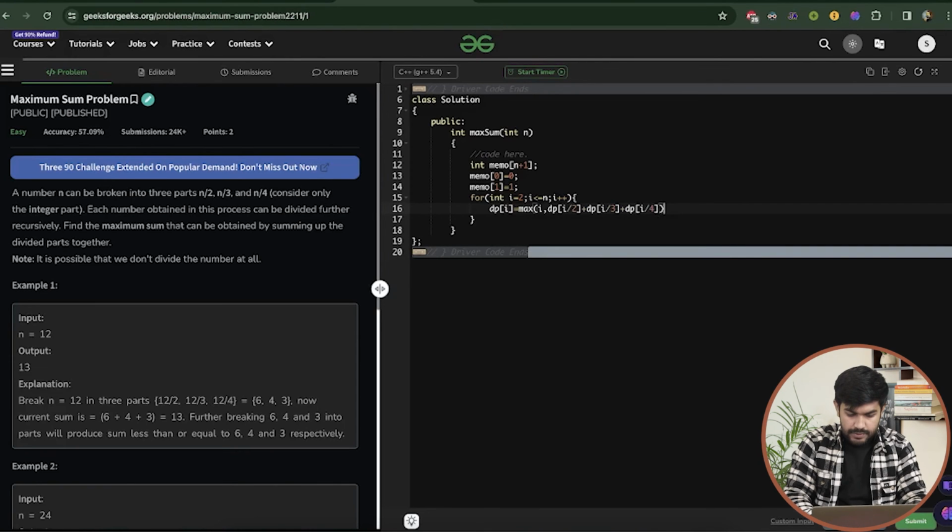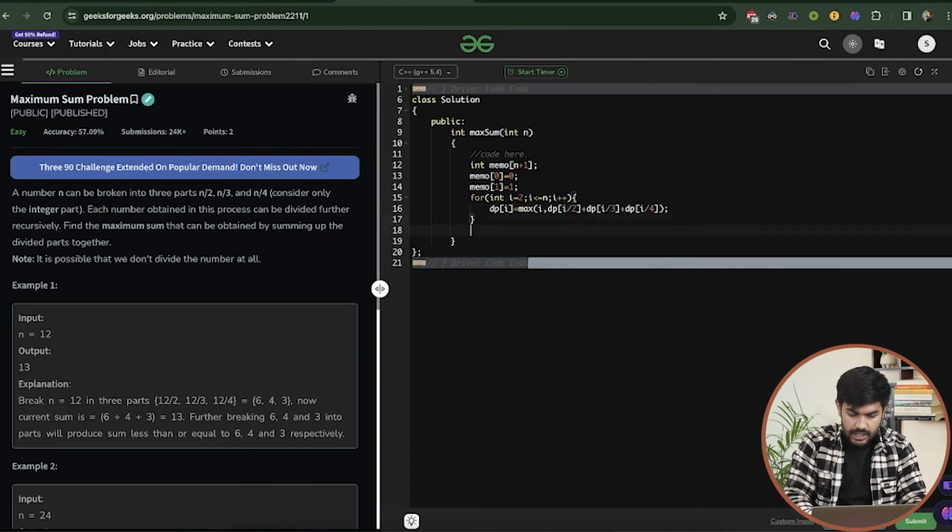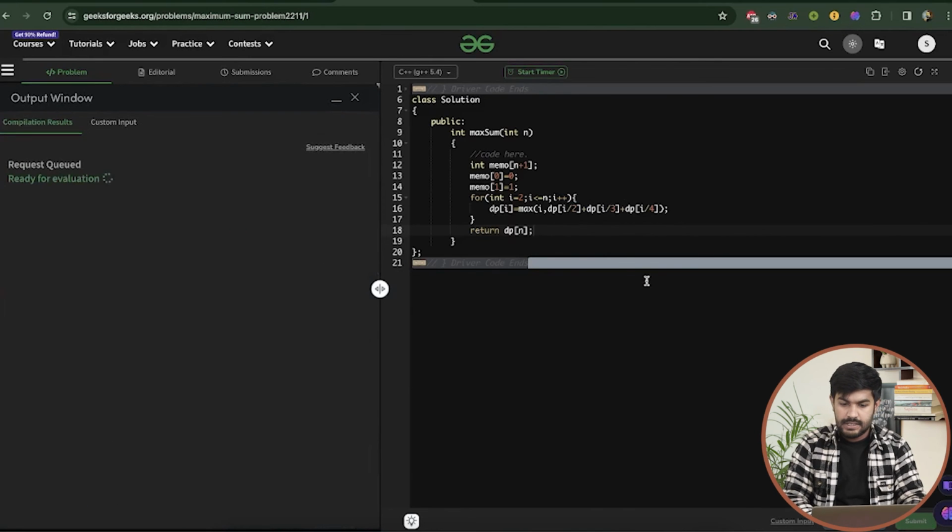We would do all of this, and then at the end we would return dp of n.